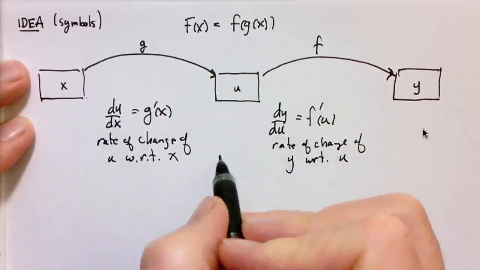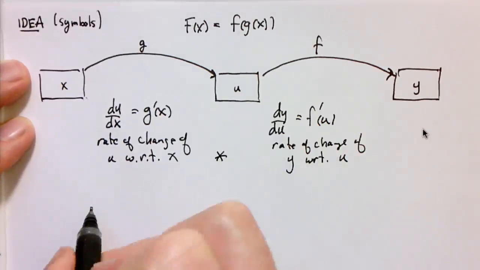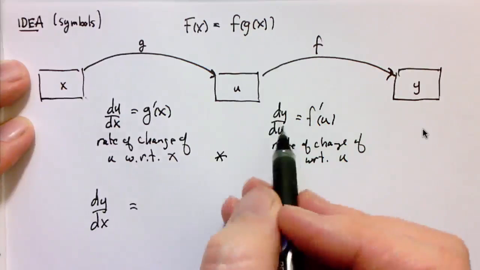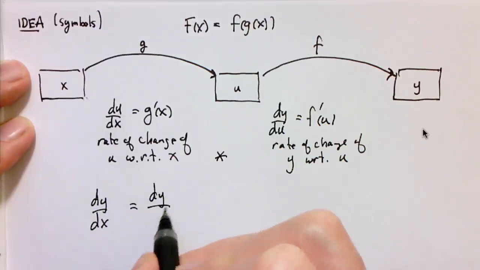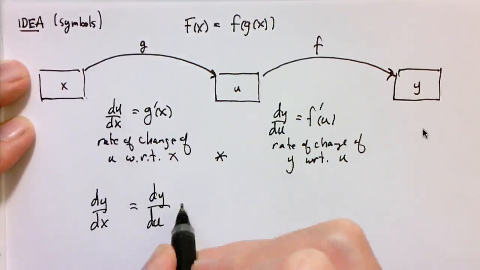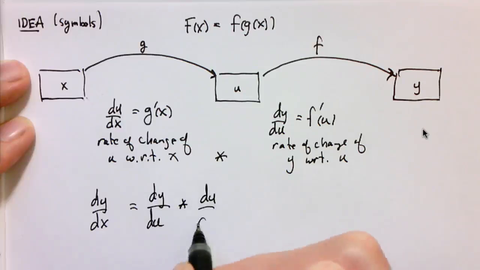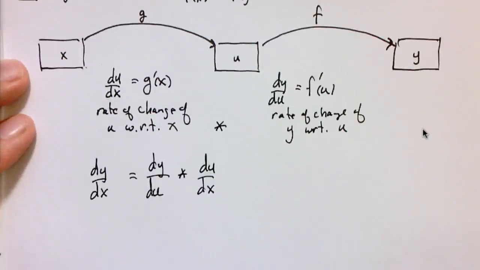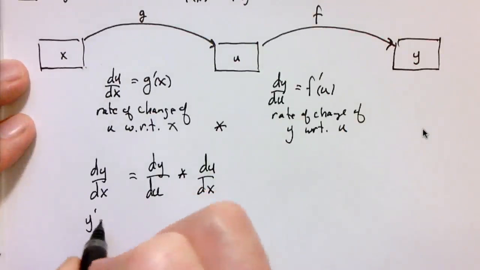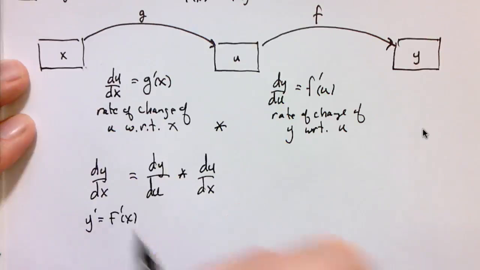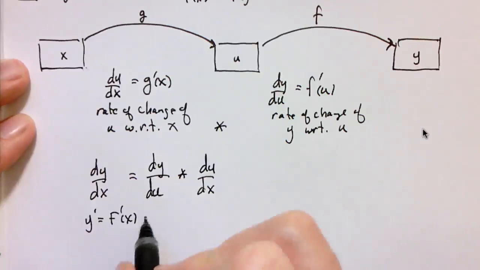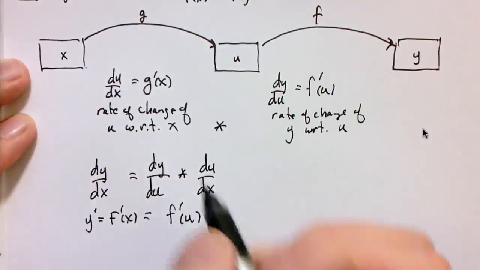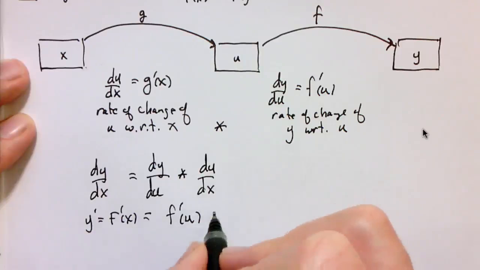So if I'm going to take the product of those, I get the entire rate of change, dy dx, is equal to dy du, I'm going to start on this side just to be consistent with the way that it was written in the beginning, times du dx. If I write this in Newton notation, y prime, or f prime of x, big F now, is f prime of u times g prime of x.